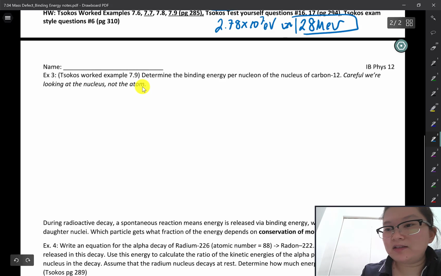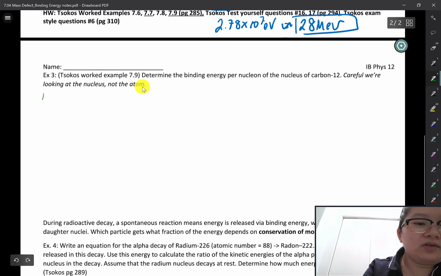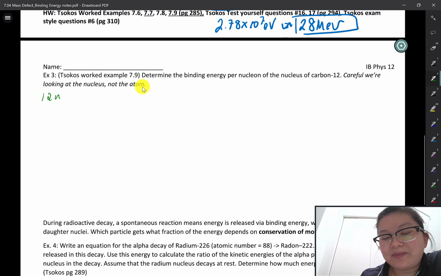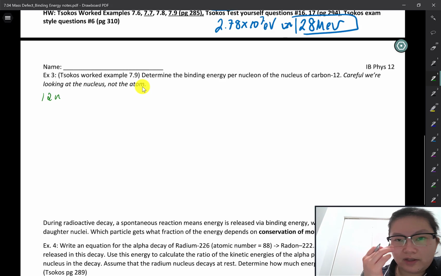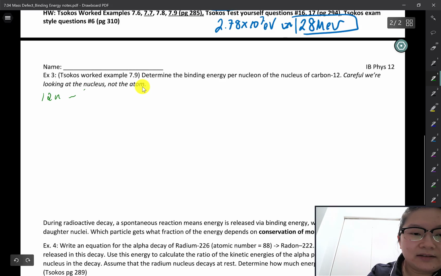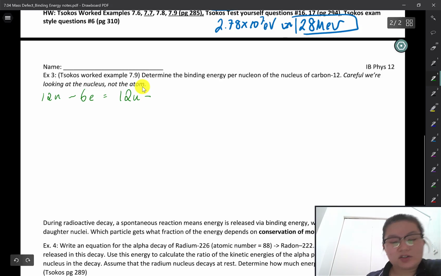But keep in mind, this 12 u also includes the electrons, which means we have to subtract the electrons from this number in order to get just the nucleus. We know there's a total of 6 electrons in a carbon-12 atom. So we're going to take 12 u and minus 6 electrons.